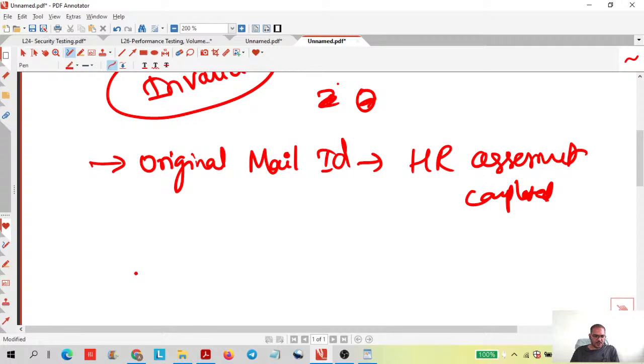In one mail, it takes only one ID at a time. Okay, means you have already attempted with the second mail ID.